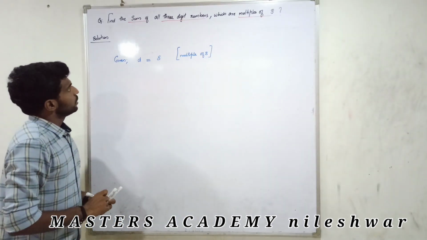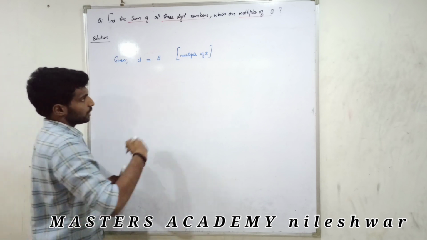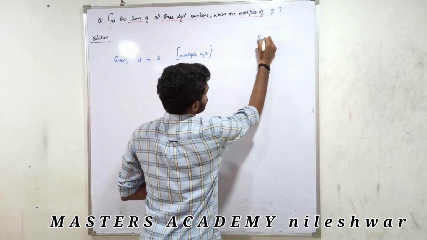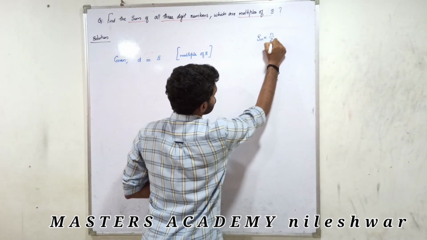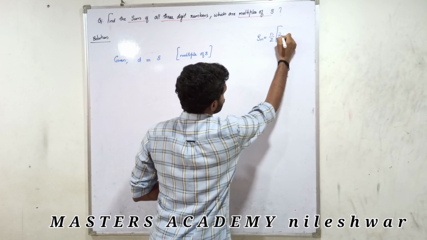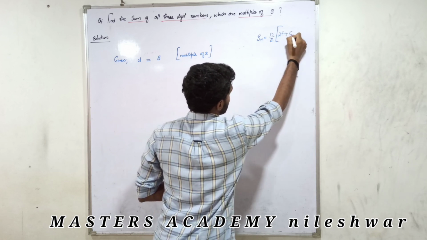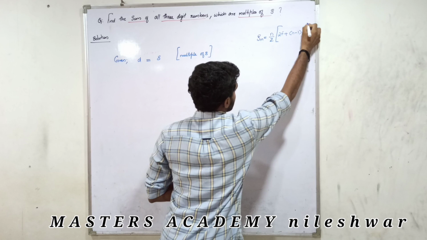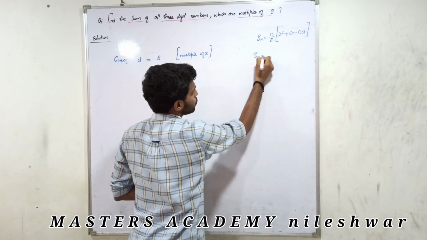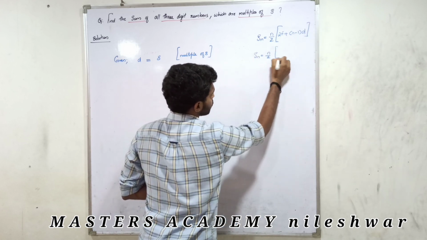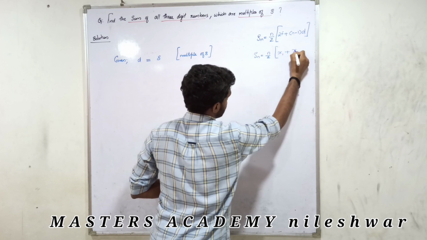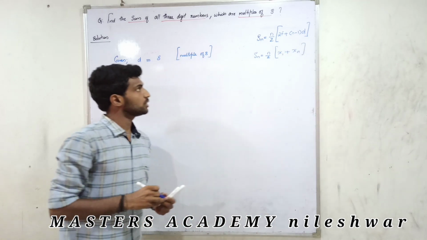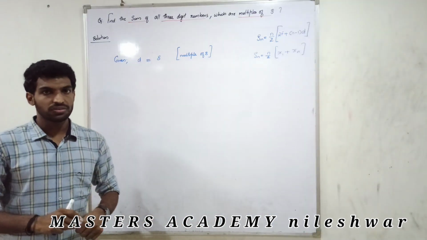Now we know that Sn equal to n by 2 into (2f plus (n minus 1) into d), or Sn equal to n by 2 into (x1 plus xn). These are the equations for finding the sum of the first n terms.